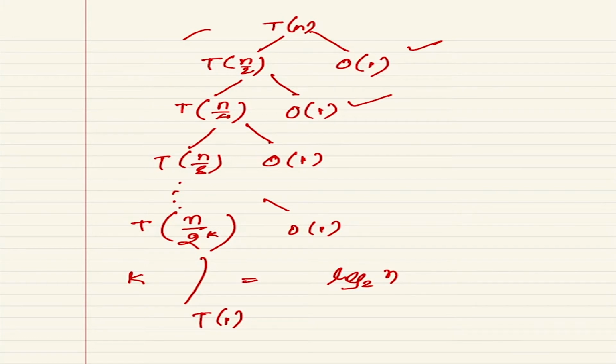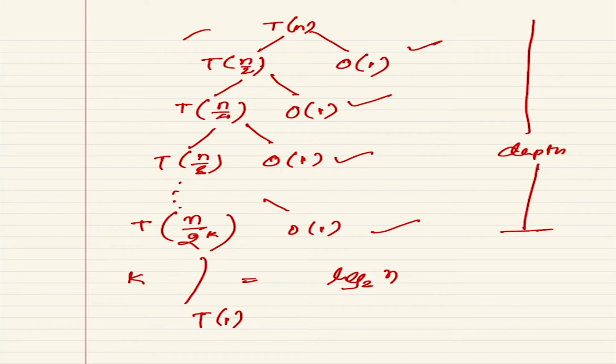But then you did some other work. This order one work you have done multiple times. So how much overall work have you done? That will depend on the depth, or the height, of this tree. So how many times have you done this order one work? From n to n by 2 you have done once, n by 2 to n by 4 once, overall twice.